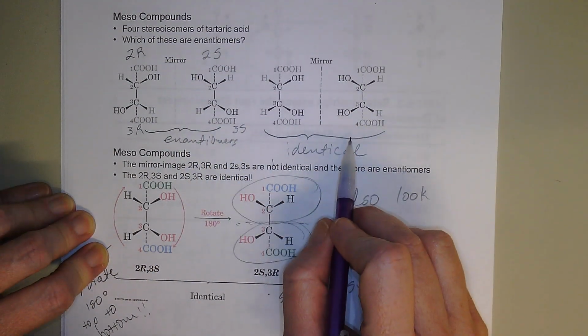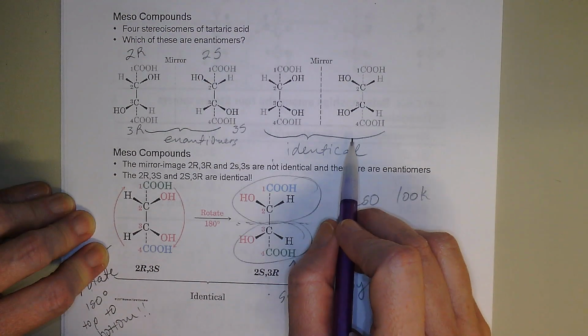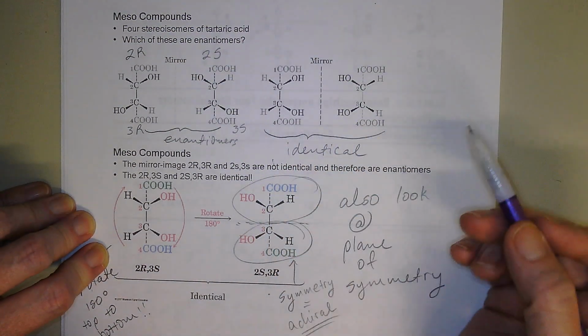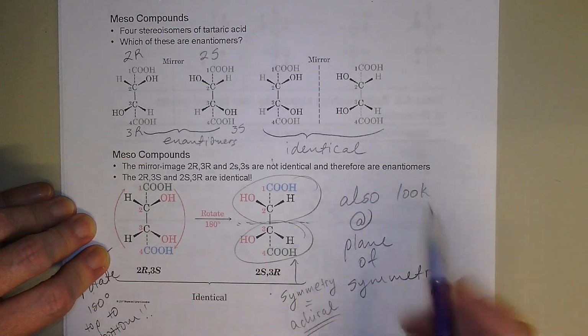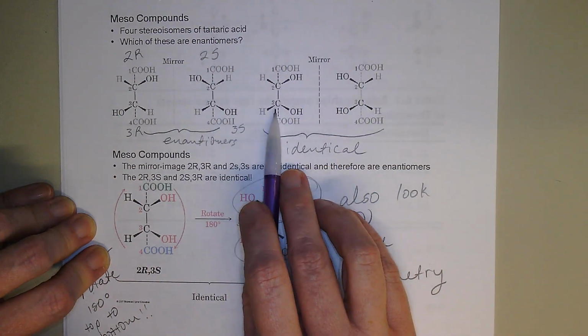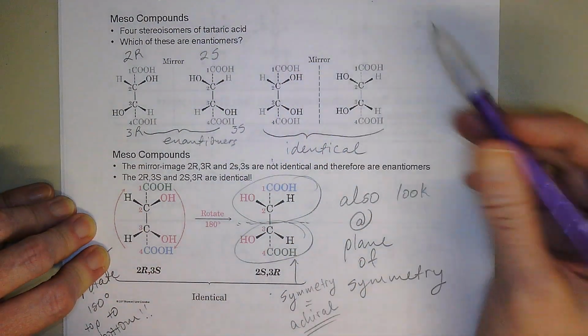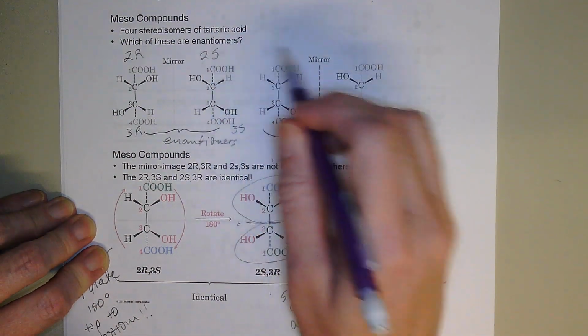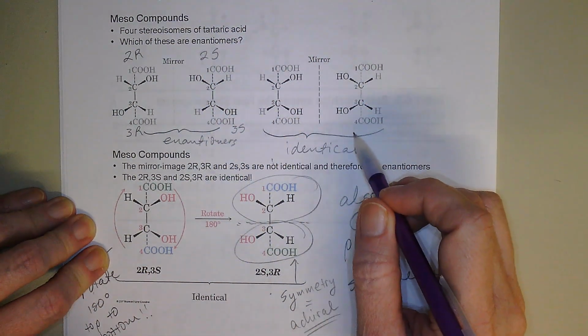Now if you look at this other one over here, technically, these are the exact same thing, okay? Because all you would have to do, if you take that molecule and turn it 180 degrees vertically, that is the same thing.